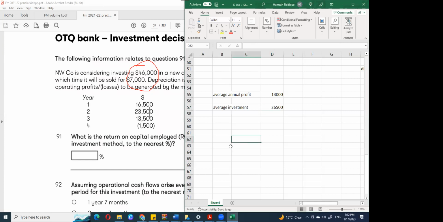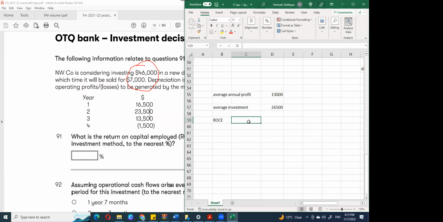Right. Now, next. The next point is ARR, ROS. 13,000 divided by this. 13,000 divided by 26,500. What is the answer?